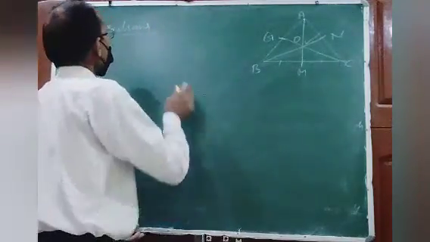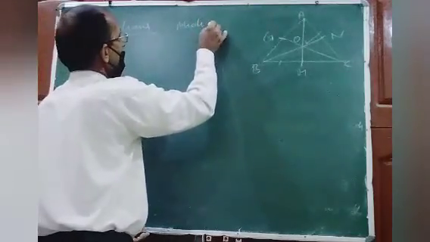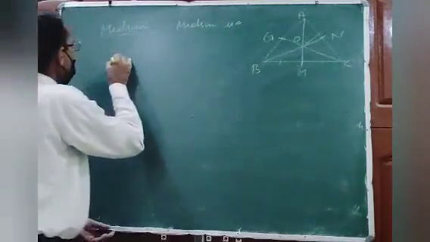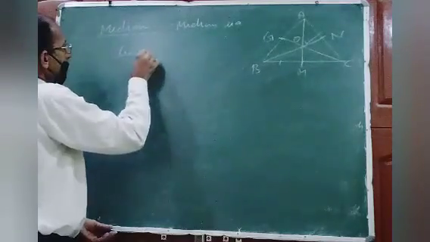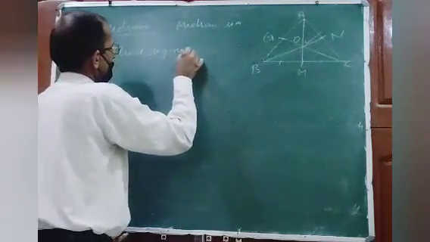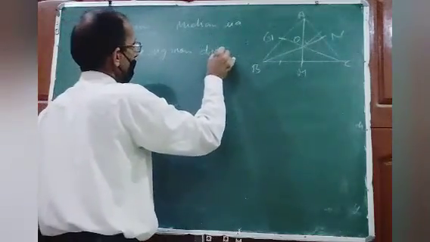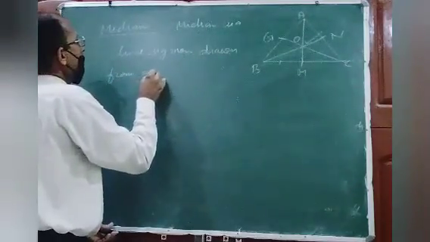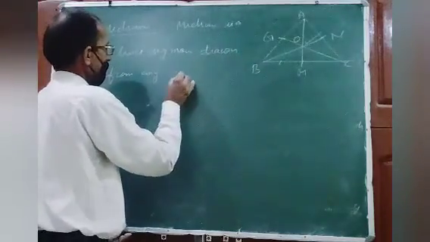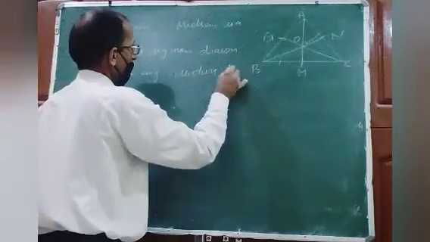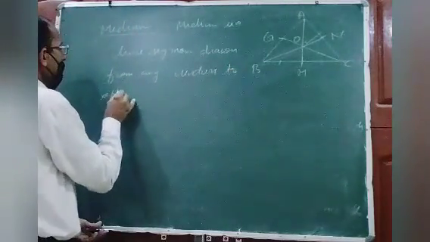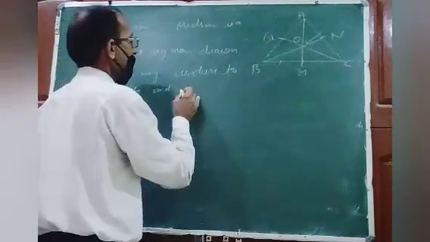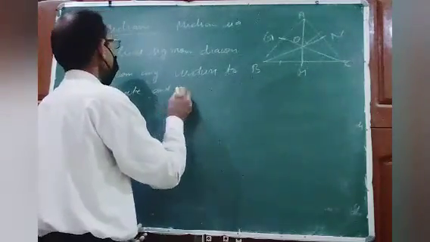So first, medians. A median is a line segment drawn from any vertex to the opposite side, and the opposite side is bisected by this line segment.